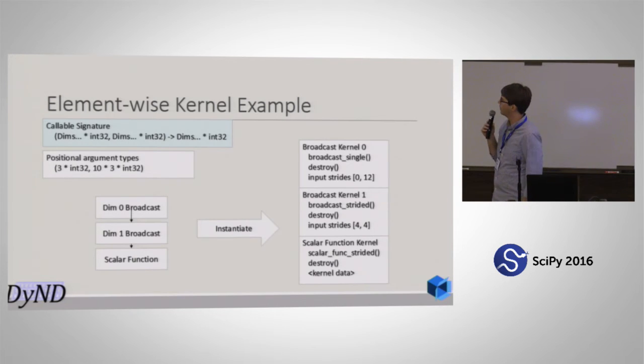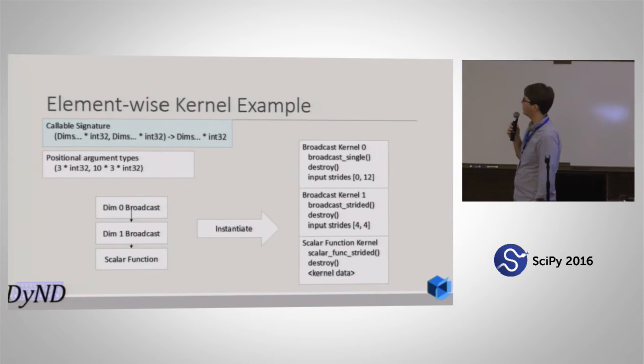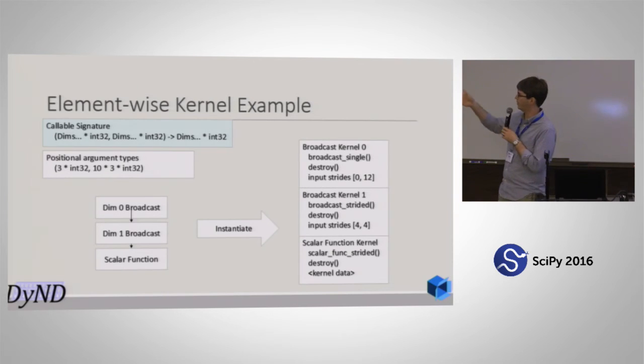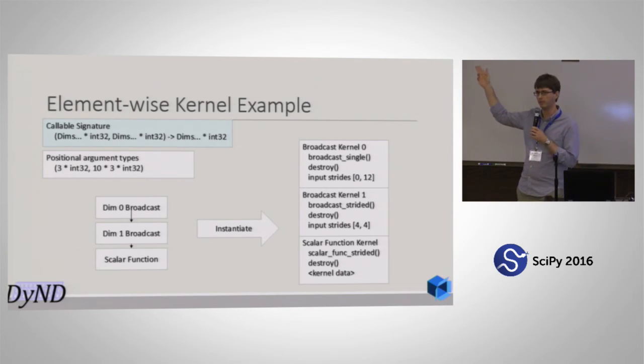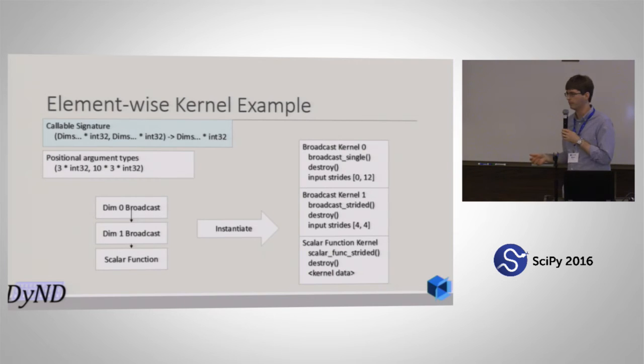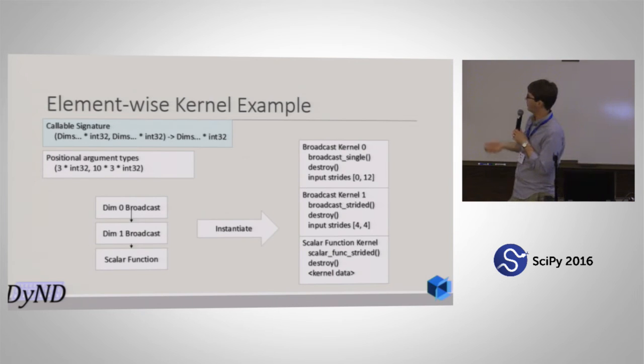So here's that signature. Let's say we have these two positional arguments as our parameters. We get a call graph that is the broadcast, another broadcast, and then the scalar function. And then we instantiate it, and we get 3 kernels again, where the first one does a broadcast along the first dimension. It's going to be walking along the outermost strides. The next one will be walking along the next set of strides, and the inner one will be doing, well, whatever black box that is.